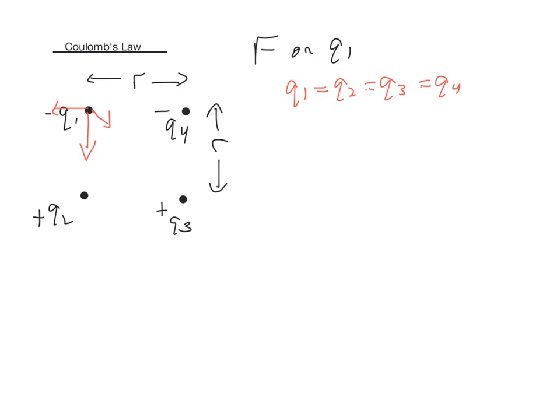We set up the equation with the sum of all the forces, and we can see that if we just look at the x direction, we only have two forces that have components in the x direction.